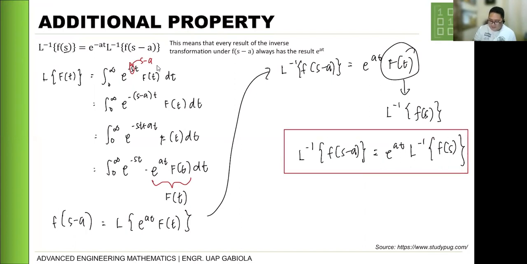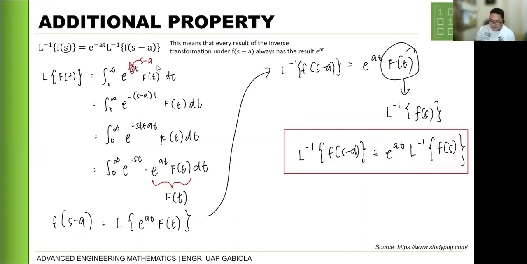Na kapag nakita natin na yung function natin in terms of s is naka-form na s minus a, ang gagawin daw natin, mag-i-introduce tayo ng exponential na e^(at) doon. Yung a is yung value nito. And then we can treat yung remaining niya as a function of s na lang, hindi na s minus a.